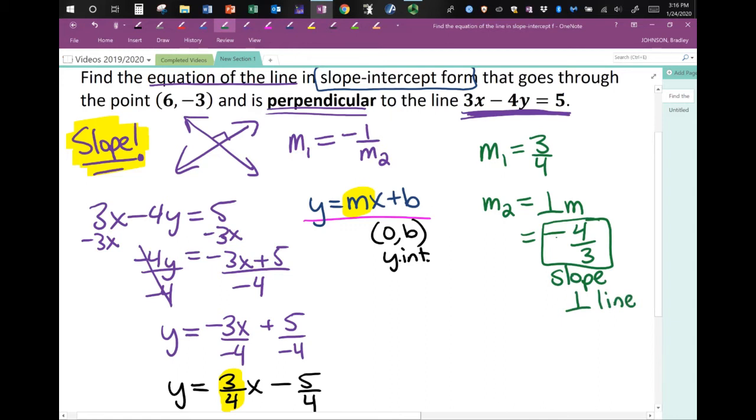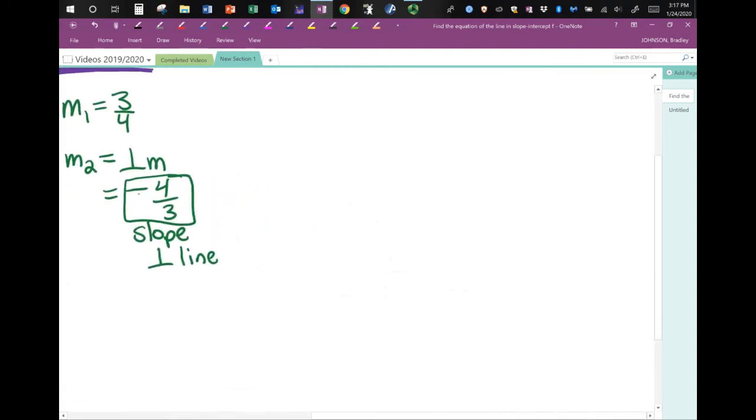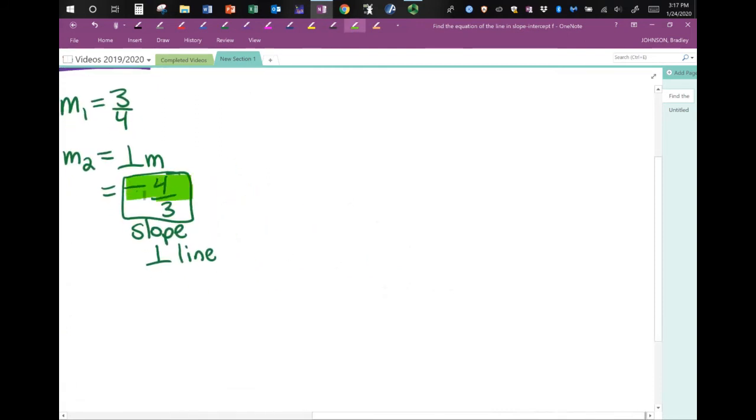And we're going to force that line to go through the point (6, -3). So let's go over to the right-hand side. (6, -3). We found our slope, -4/3, and we want to use (6, -3) as our ordered pair.